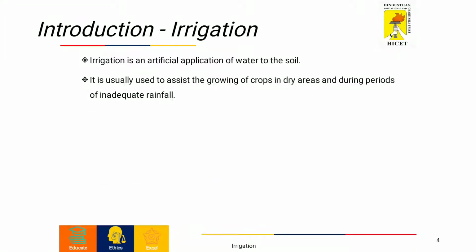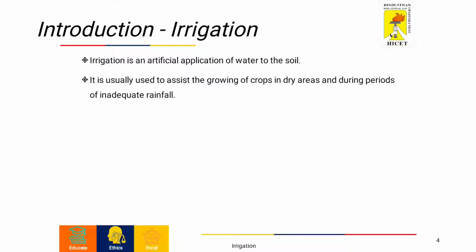Now comes the definition of irrigation. Irrigation is the artificial application of water to the soil in order to grow the crop profitably. Irrigation water is generally applied when there is no rainfall or deficit rainfall. And the main concerns in irrigation are when to apply, how much to apply, and how to apply.